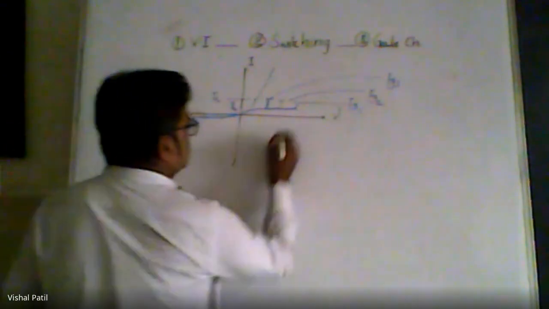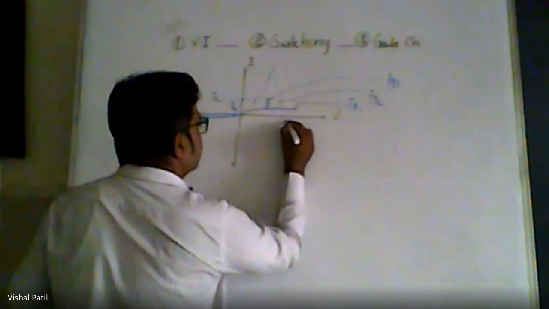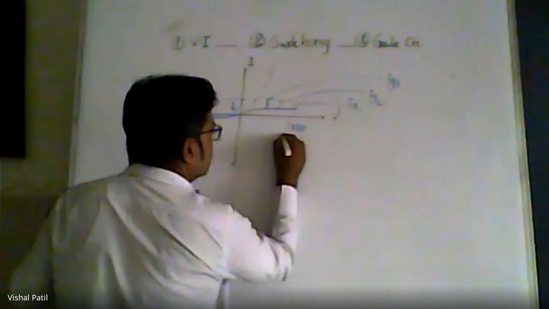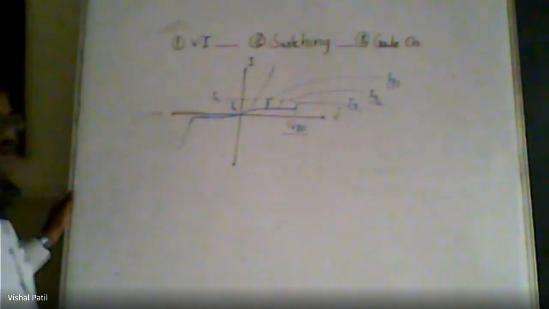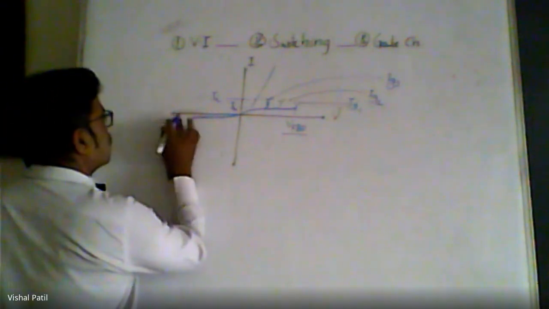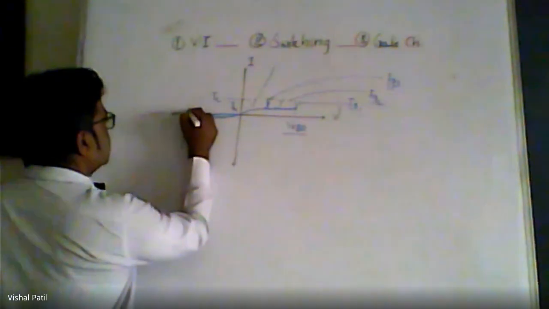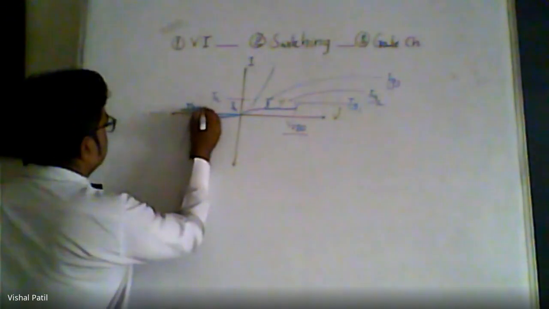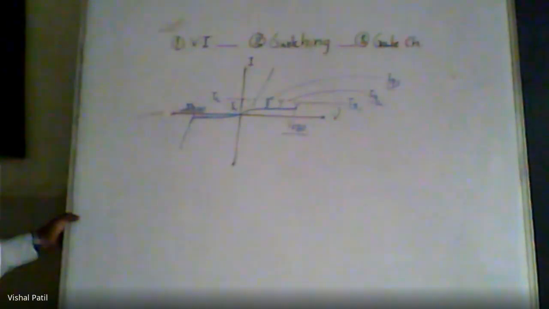Then this particular voltage we call VFBO, meaning forward breakover voltage. And this particular voltage is VRBO, that is reverse breakover voltage.